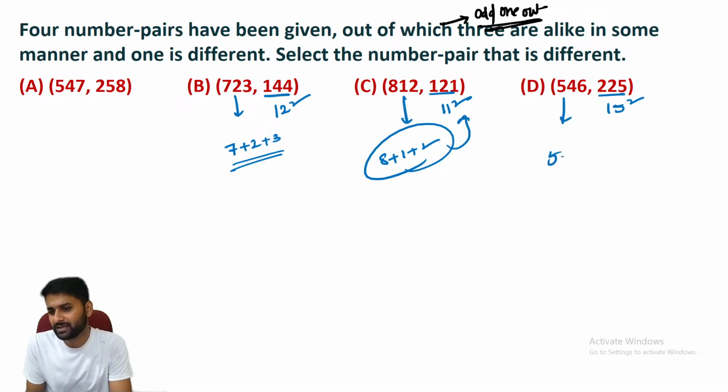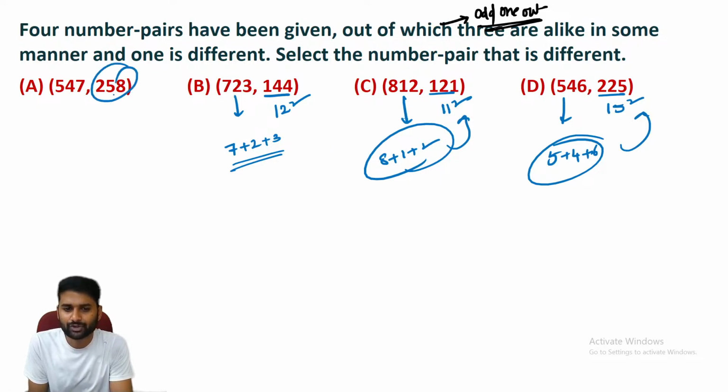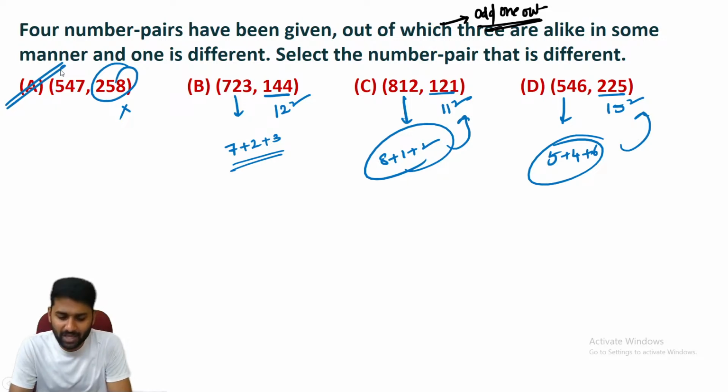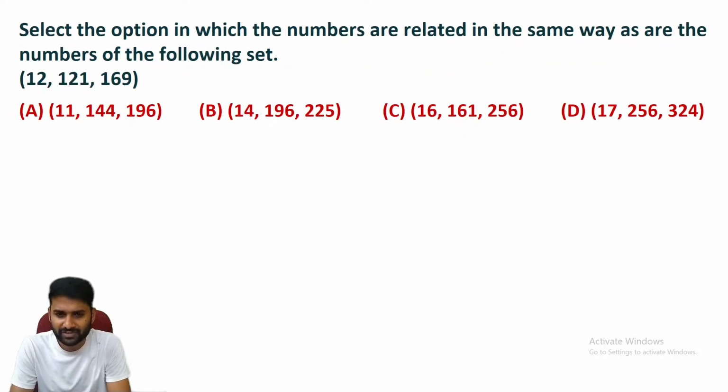The same way, the sum of the numbers 5 plus 4 plus 6 is 15, and the square of that number is 225. And 258 is not at all a square number, right? A is the odd one. Clear? If you understand the info, let's move on to the next one.